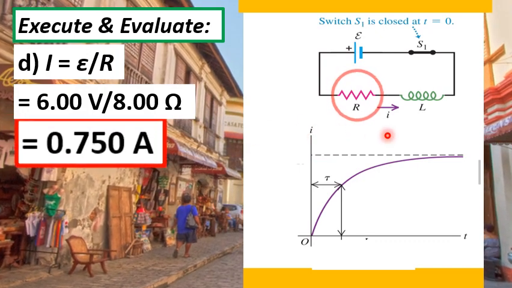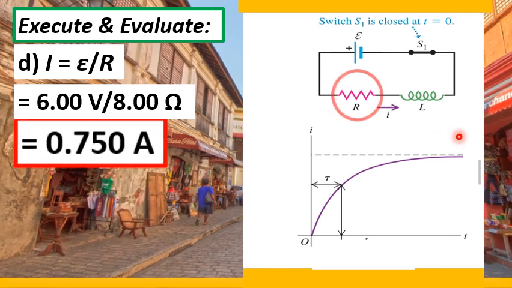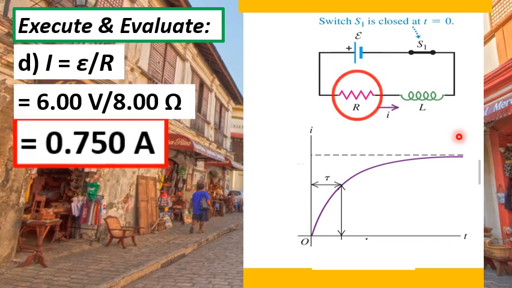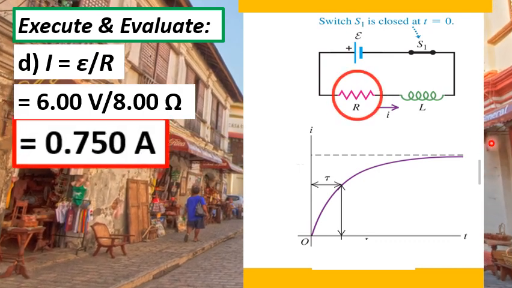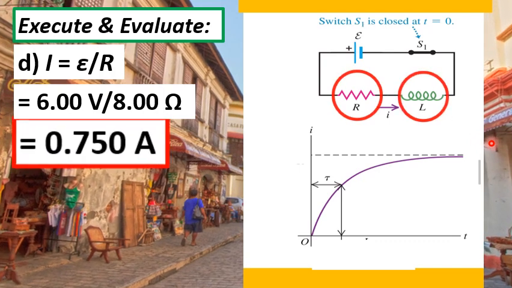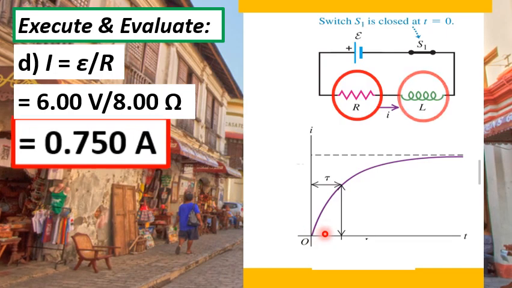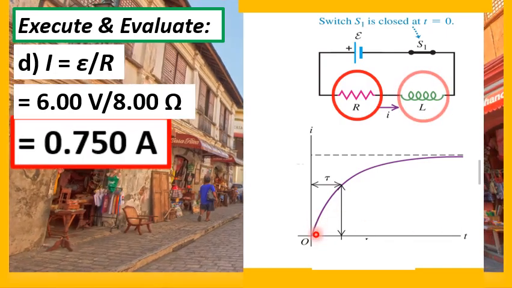While in the case of the inductor, the rate of increase in the current through this inductor is actually depicted in this current versus time graph.